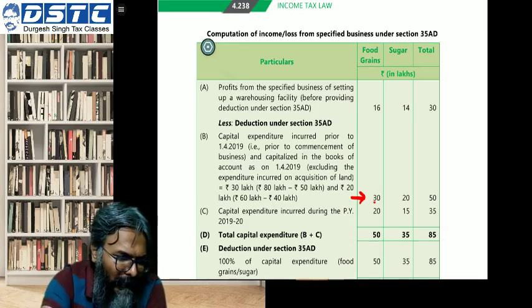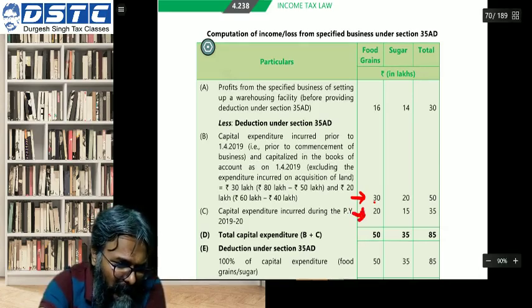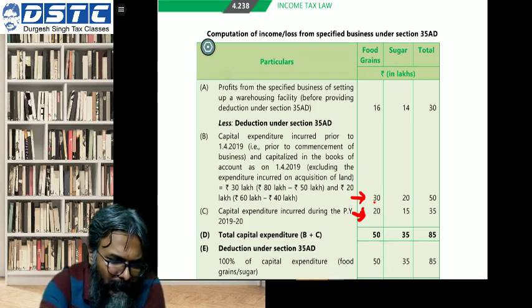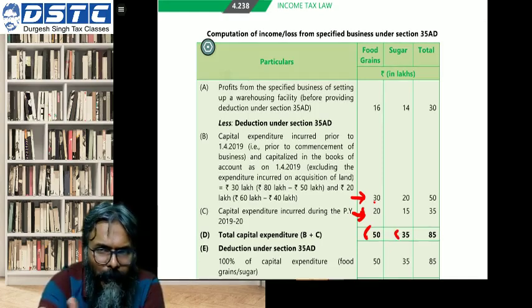After the business is commenced, it is 20 and 15. So total deduction that you will take in food grain is 50, in sugar it is 35. Both of them now are showing a loss.